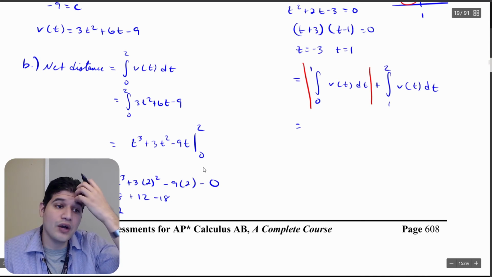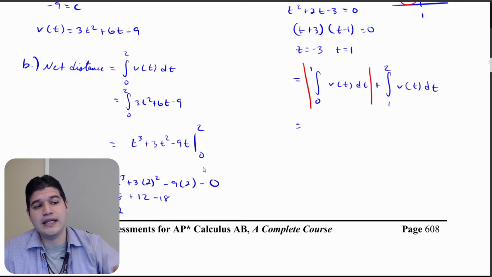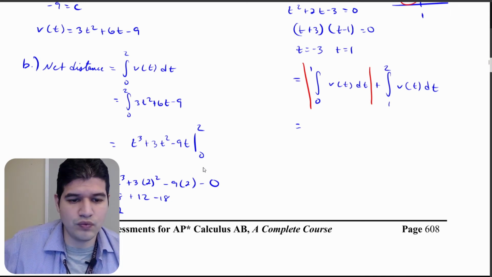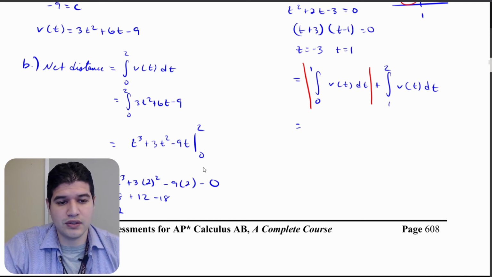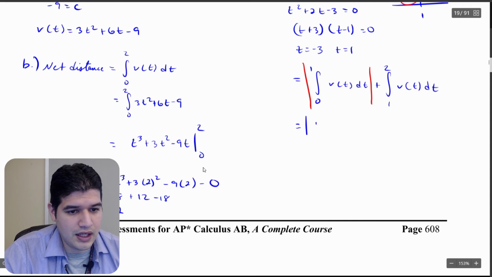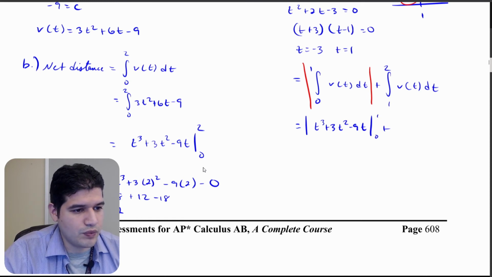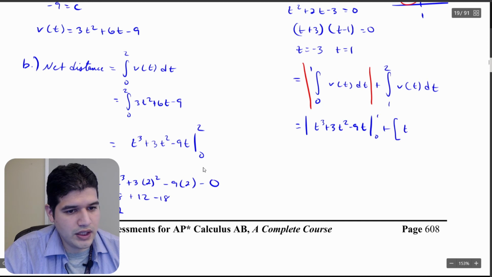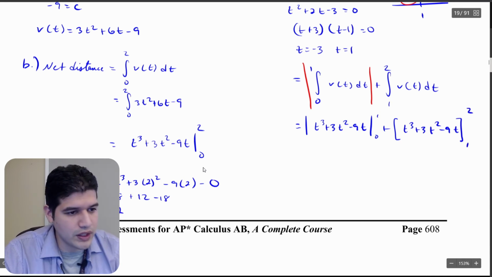So we've already calculated here, all right, what is the antiderivative? We know that that's t cubed plus 3t squared minus 9t. So I'm going to have the absolute value of t cubed plus 3t squared minus 9t, and we're going to evaluate this from 0 to 1. Plus, we're going here from 1 to 2, so I'm going to have t cubed plus 3t squared minus 9t evaluated from 1 to 2. So let's go ahead and do that real quick.